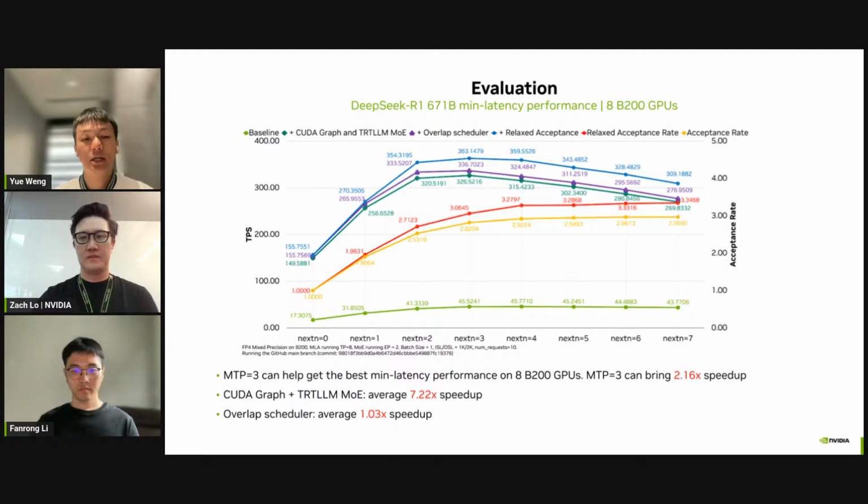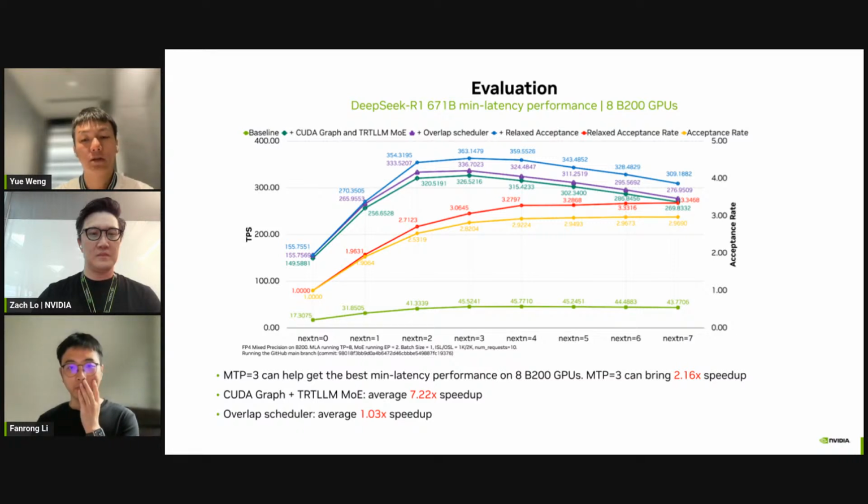As we can see, with MTP3, we achieve the best TPS, and compared with not using MTP, we get a speedup of 2.16 times. Although more MTPs can improve the acceptance rate, we also need to consider the overhead, which will increase the time to generate and verify the draft tokens.